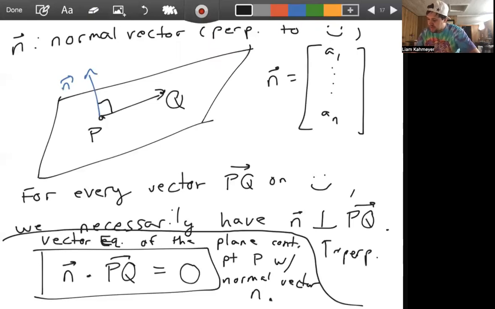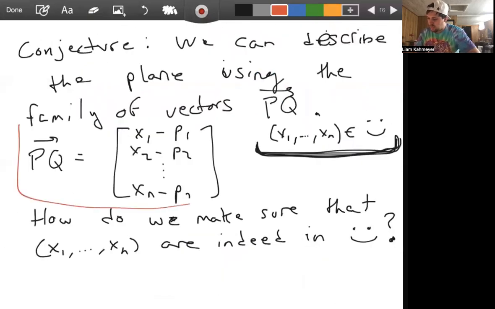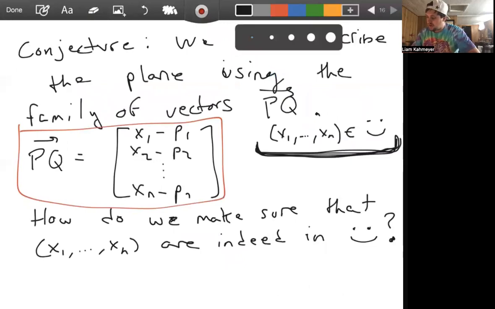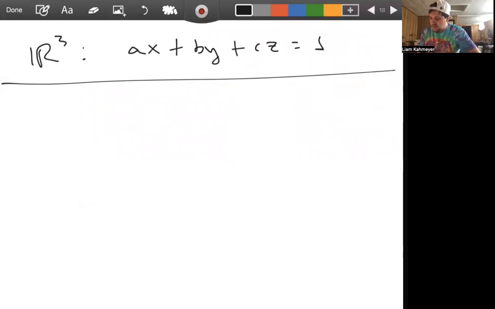let's expand the left-hand side of this equation. Or not expand, but let's be more precise about what we mean. So the normal vector, we're calling A1 through AN. And remember, we're calling PQ X1 minus P1, X2, et cetera. To say that N dot PQ equals 0 is just rewriting, being more explicit.